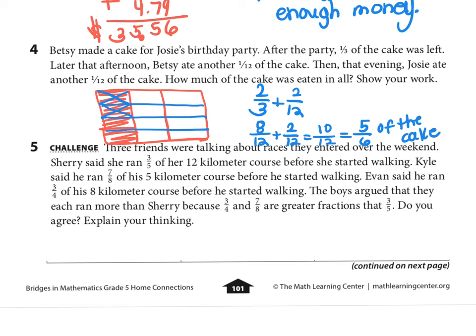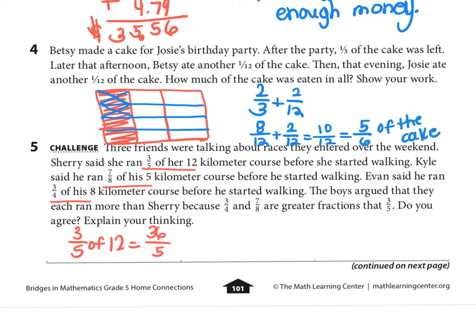Well, let's go ahead and just calculate how many kilometers they each ran. So we would need to calculate 3/5 of 12, 7/8 of 5, and 3/4 of 8. And when I'm saying 3/5 of 12, I know that that is the same as multiplication. So I can think of that as 36/5 because I simply just take 3 times 12 over 5.